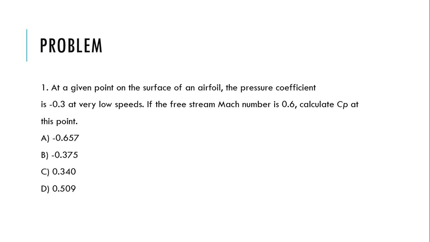Okay. So here we have a sum: at a given point on the surface of an airfoil, the pressure coefficient is minus 0.3 at very low speeds. If the free stream Mach number is 0.6, calculate Cp at this point. Anyone know how to solve this sum?